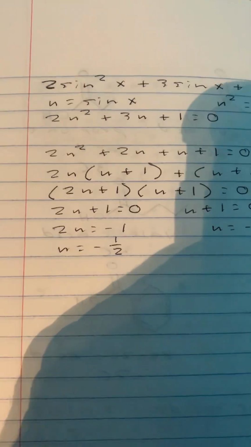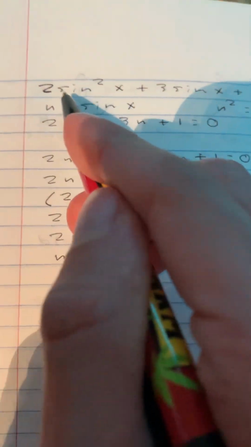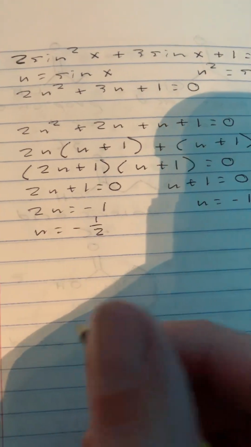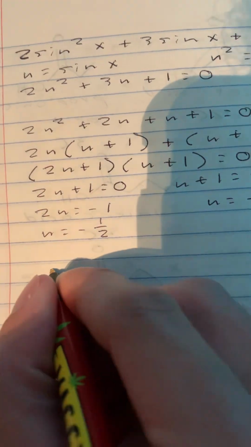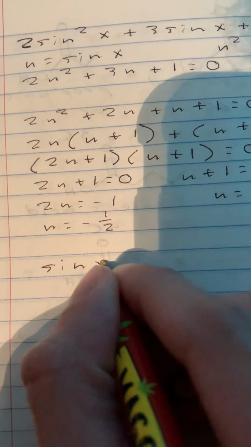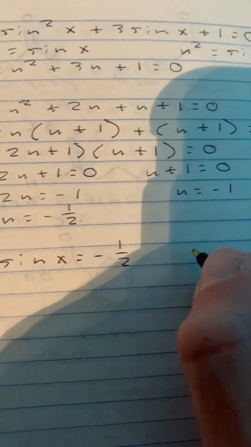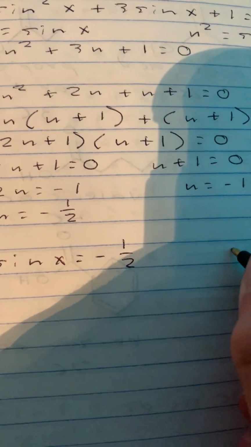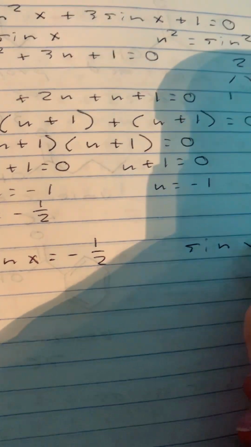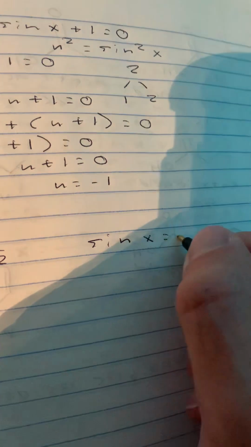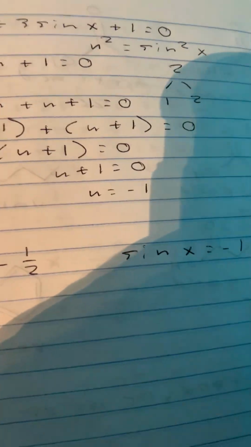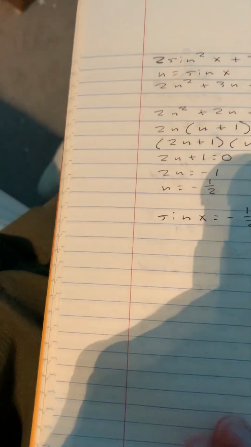But this does not answer the question. So let sine of x equal a negative 1/2, and let sine of x equal a negative 1. But here's a catch here.